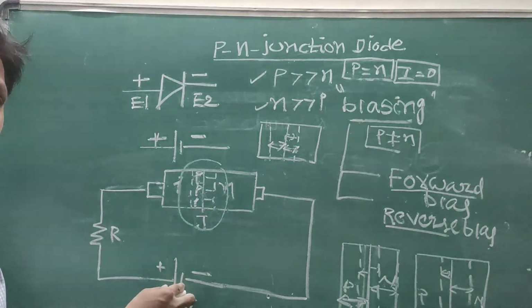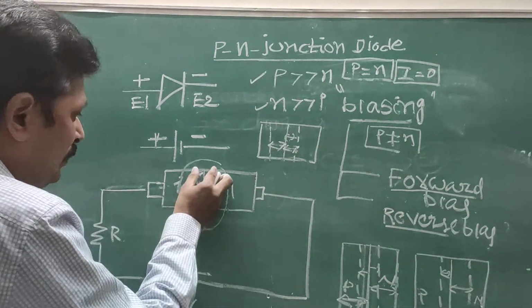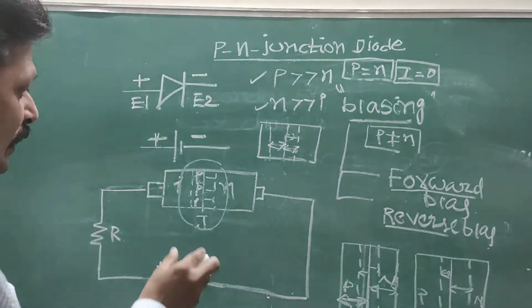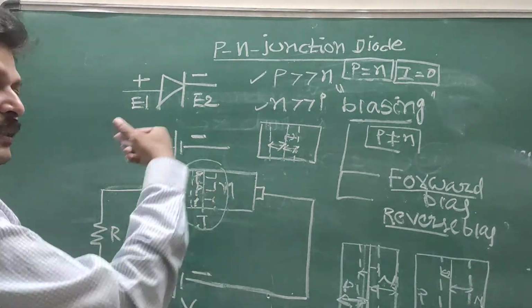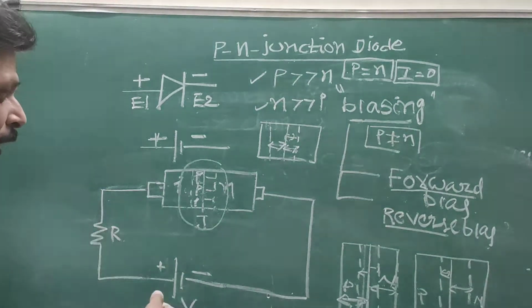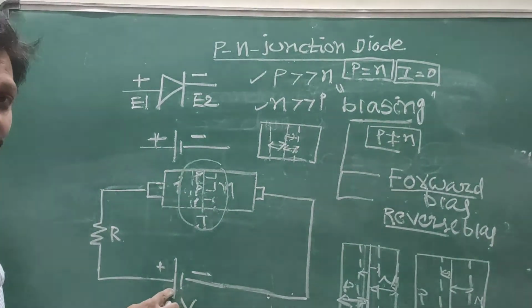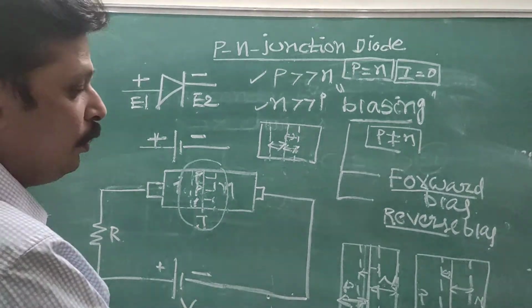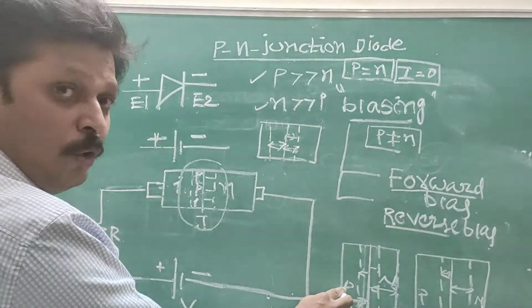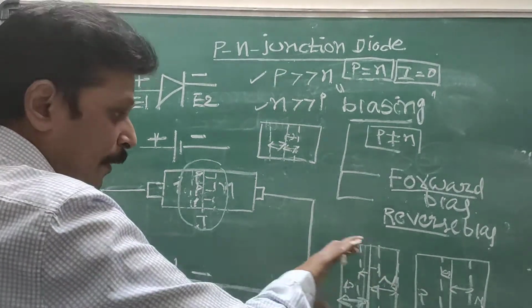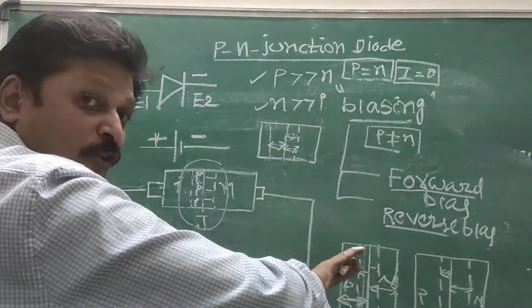That means the depletion width is not a fixed size on the P and N side of the semiconductor. It is adjusted by giving external biasing, by giving external potential. Finally, it is concluded: when more supply is given on the P side, the width is narrow and penetration towards N becomes maximum.